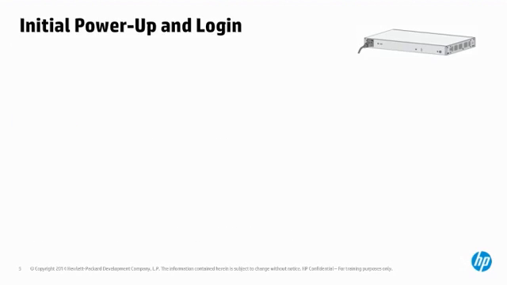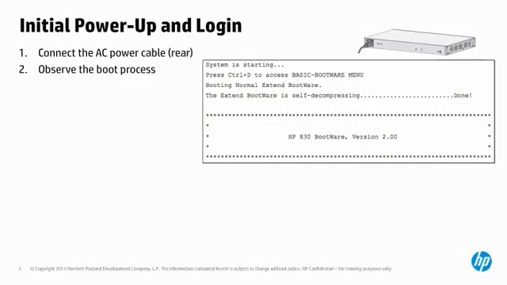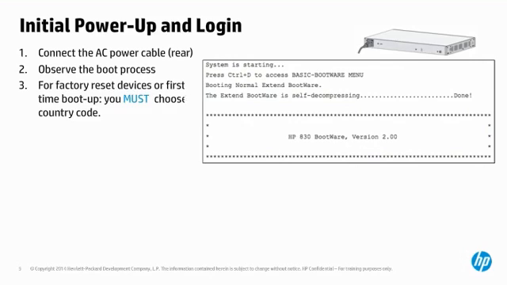Once your console connection and terminal emulation software are ready, you can connect a power cord to the AC and plug it into a power outlet. The unit powers up. Listen to it power up and note that the power LED is lit. The device initializes itself and begins to boot. When prompted, enter a country code.